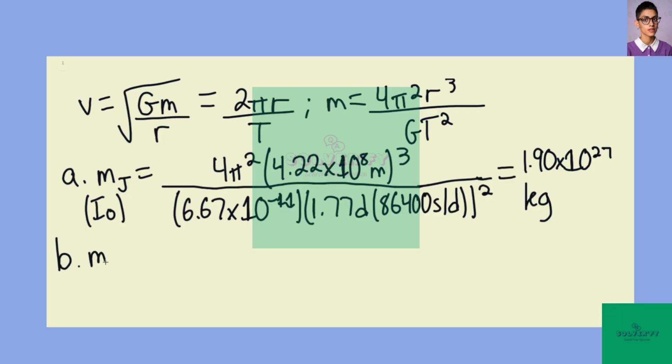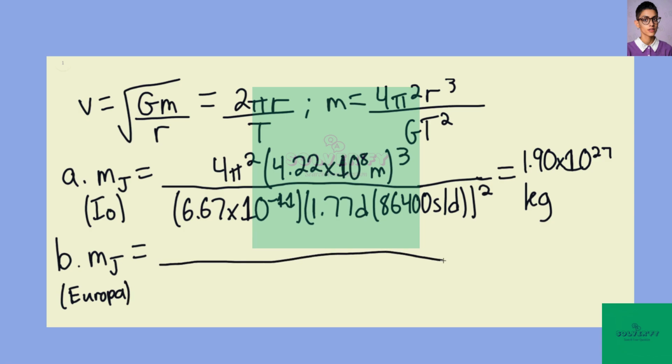Part B is asking to do the exact same thing, however, just from information from the other three of Jupiter's moons. Jupiter has many moons. So Io, Europa, Ganymede, and Callisto. And so here we'll say Europa.